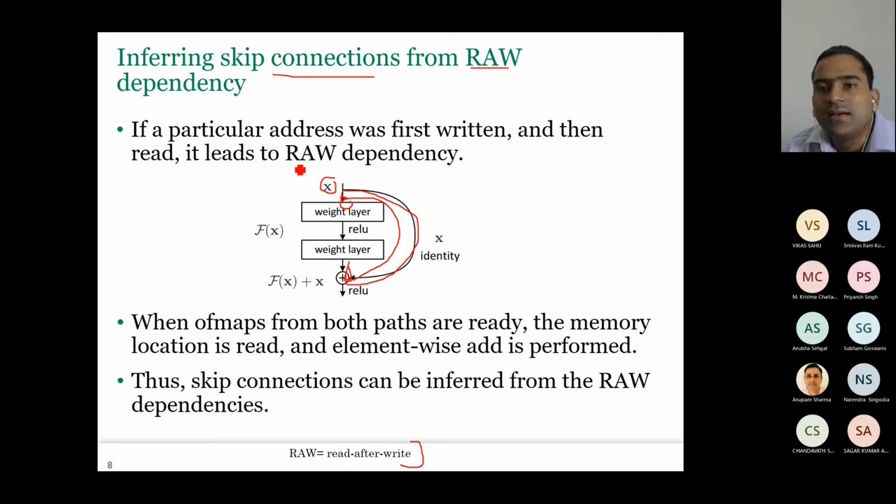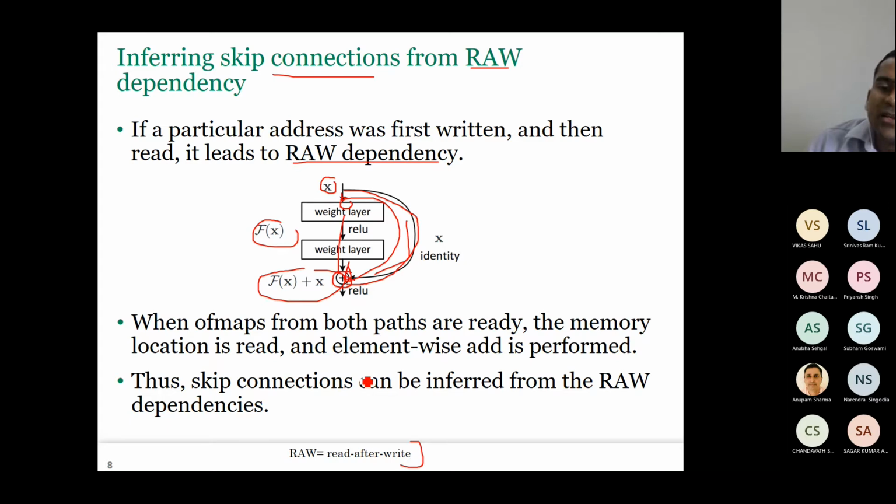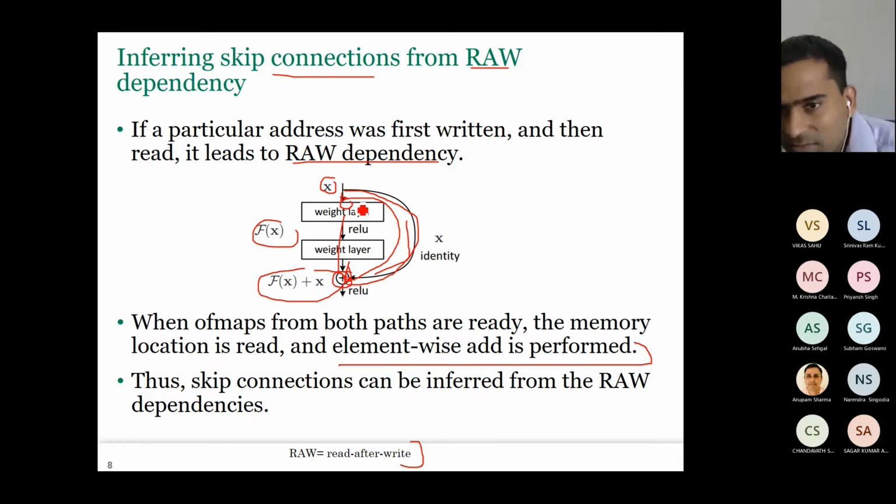So that will lead to a read after write dependency. At this point we get f(x) from this path, and we get x from this path. When both these values are ready, we will do the element-wise operation. So if you have this kind of dependency, you can be sure that this particular CNN has skip connections.